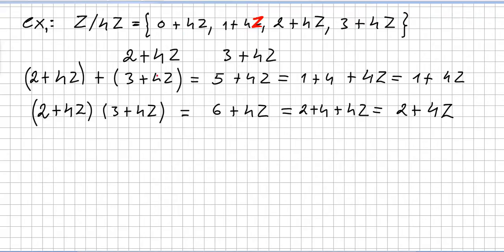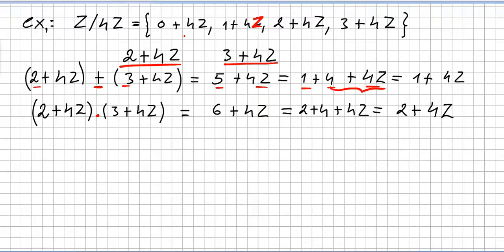Let us pick two elements, 2 plus 4Z and 3 plus 4Z, and do the operations addition and multiplication. How is addition? 2 plus 4Z plus 3 plus 4Z will be 2 plus 3, that's 5, plus multiples of 4. So 5 will be 1 plus 4, but this 4 is like 0.